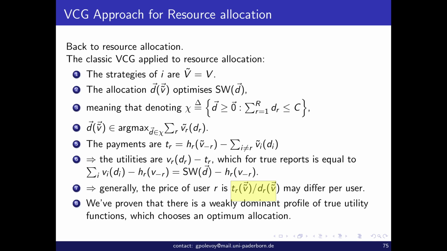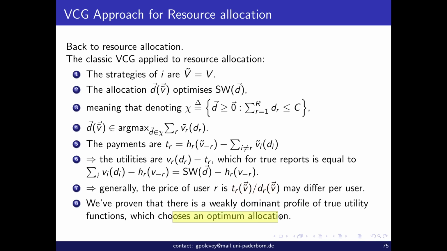And what the mechanism returns, if you look at this in terms of the prices, can be not the same from user to user. So indeed, we've proven that this profile is weakly dominant to tell the truth, and then it's optimal and all that.